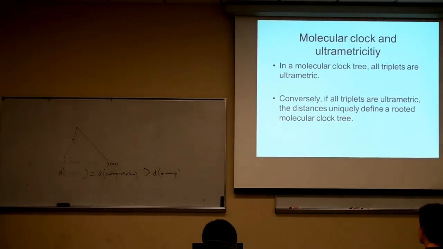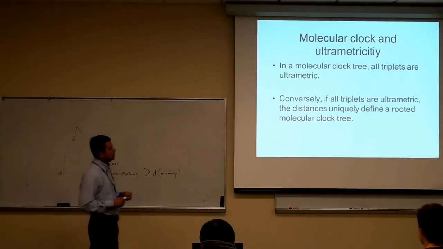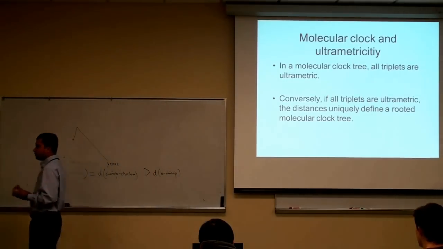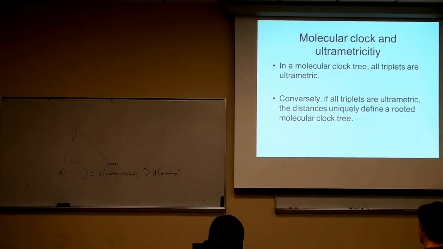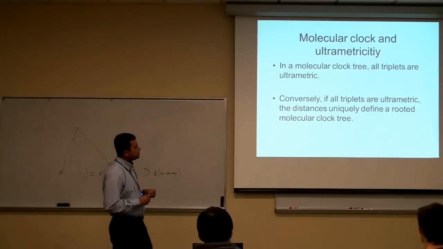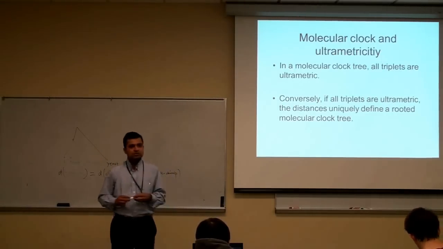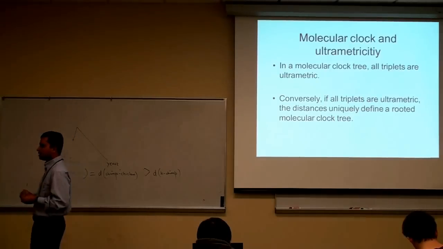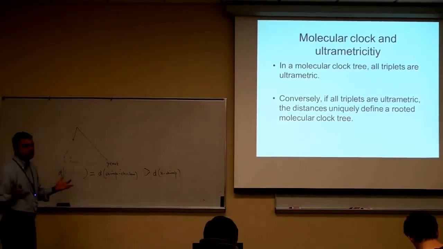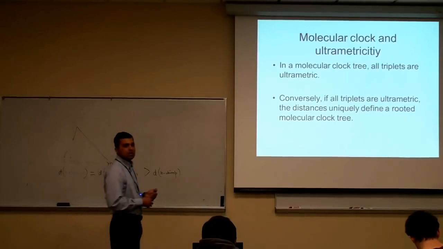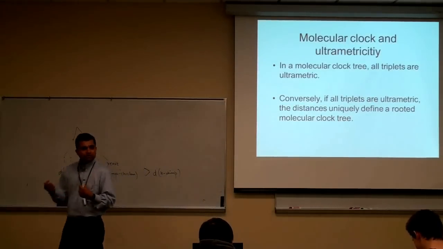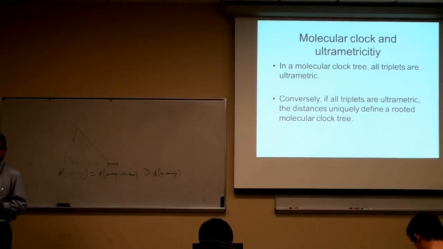The other way is also true in a sense. If all triplets in your distance matrix follow that property, so if your distance matrix is ultrametric, then there is a uniquely defined rooted molecular clock tree for that distance matrix. So you're given a matrix of pairwise distances, and you check that for every triplet, this property holds. The two of the distances are equal and the third is less.